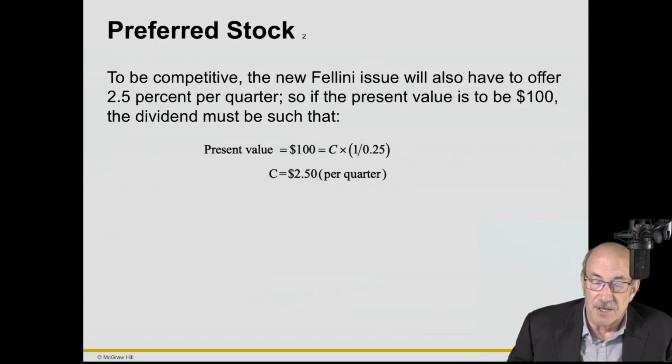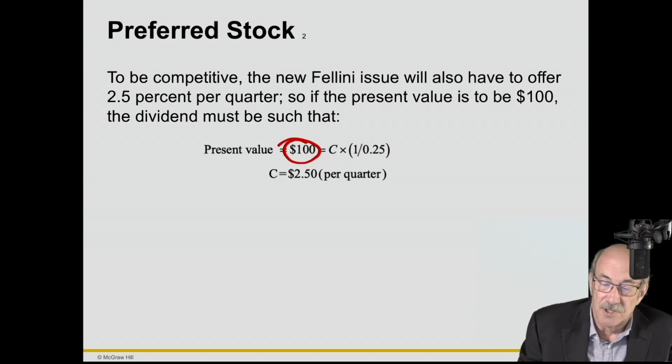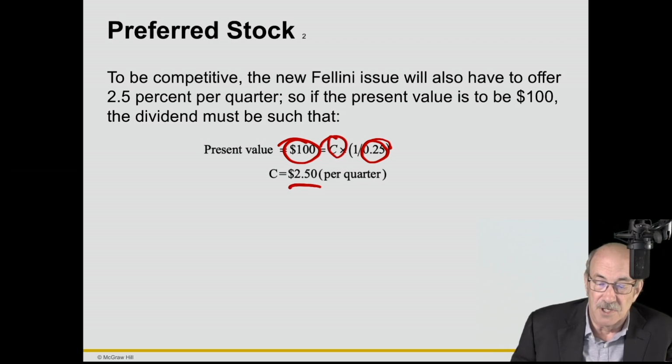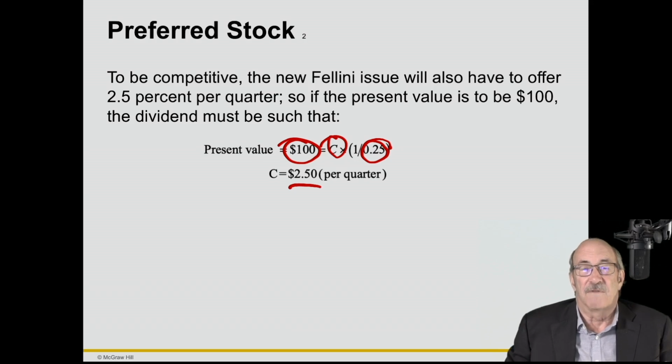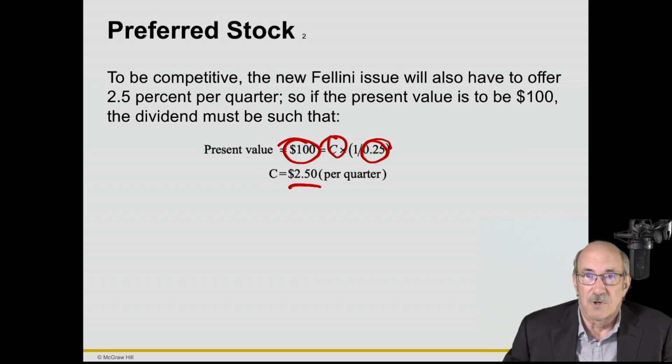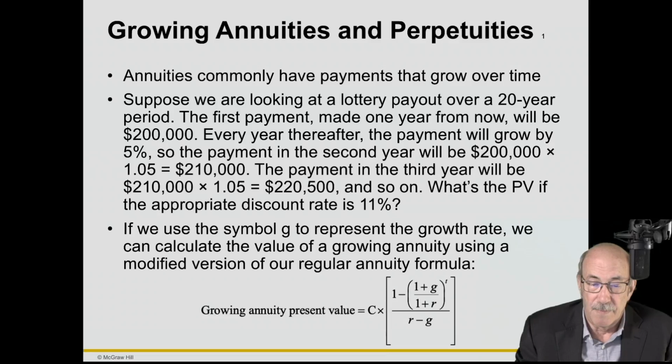So if we do that same computation here, put $100 over on this side, now we know our R, we plug that in, and we're looking for C, and we find that C is $2.50, or 2.5 times the amount of the dividend for the $40 preferred stock. If we pay 2.5 times that dividend, that will give us a stock that should sell for $100 per share.